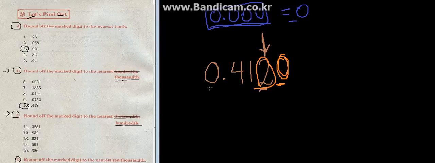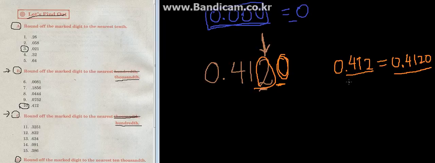So we can say that 412 thousandths is equal to 4,120 ten-thousandths. So we just put a 0 there.